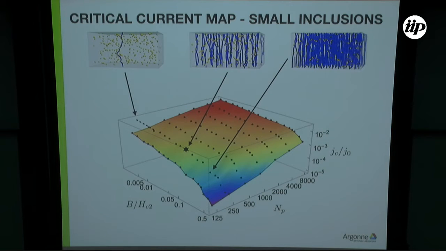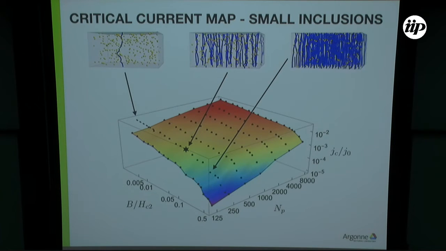And then we have a JC map, which is here in a triple logarithmic scale. So we increase the field by 2 orders of magnitude, we change the density by 2 orders of magnitude, and then we have this nice map. Now, in order to explore these scalings with the density and with the magnetic field, we will take projections of this 3D map.